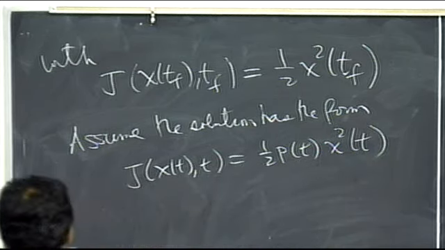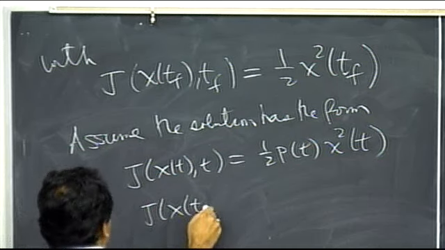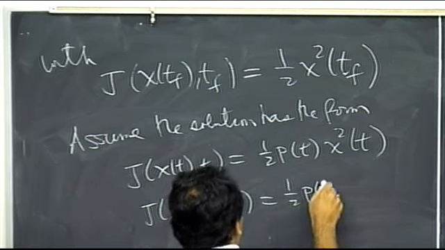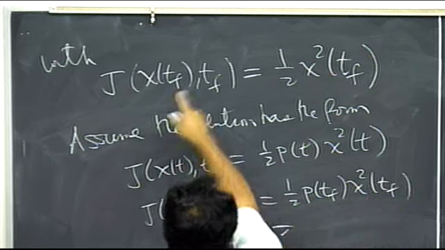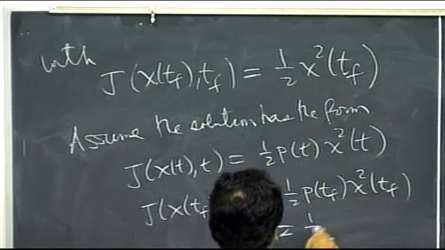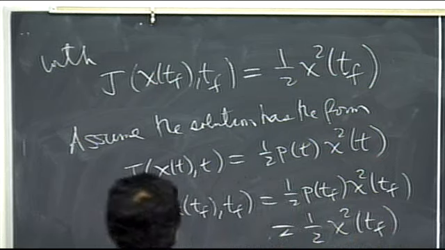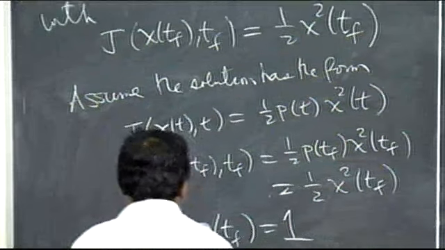If you do that, you can see that j of x of tf and tf is equal to 1/2 p of tf times x squared of tf, but that has to equal the boundary condition up here, which is 1/2 x squared of tf, which tells me that p at tf has to equal 1.